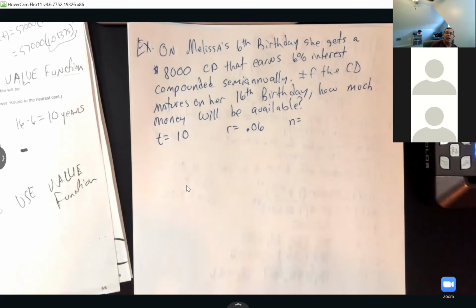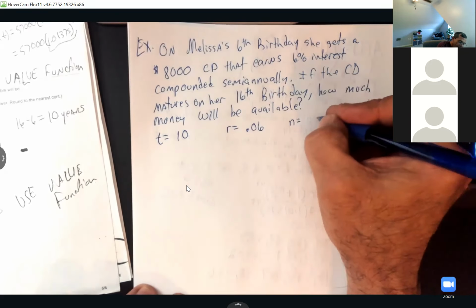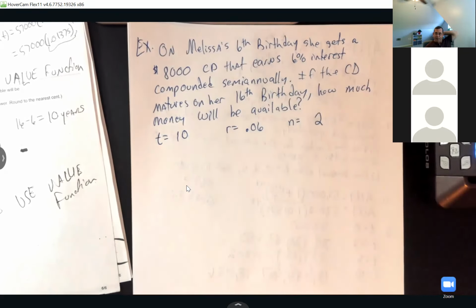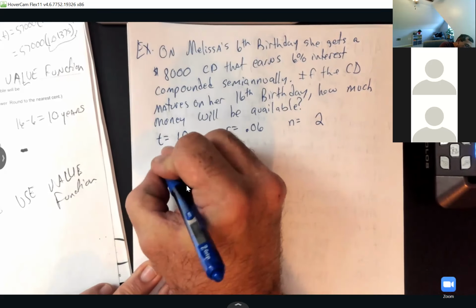All right, last thing I need to know, semi-annually. And that is definitely 2. All right, so let's go. We're going to find A at 10 because T is 10.